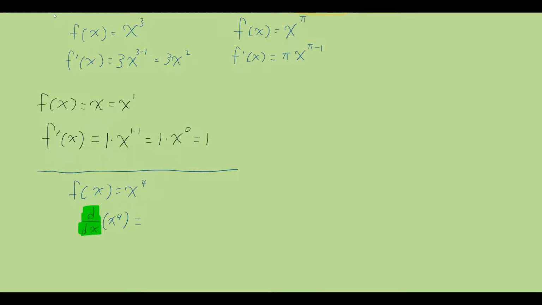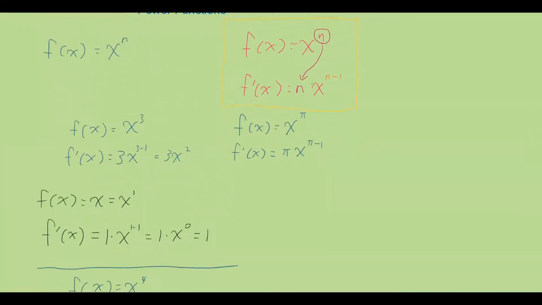It's the same thing: bring down the power and reduce the power by 1, and we're done. Very nice, very easy. With this formula, we don't have to apply the definition to find the derivative every time. When we have a power function, we can simply follow the rule: bring down the power, decrease the power by 1.